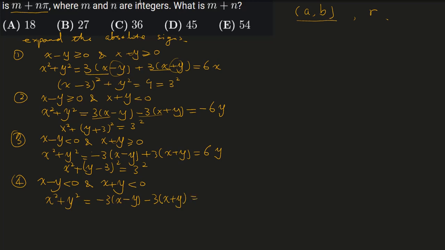And this equals negative 6 times x. And the whole equation can be rewritten as x plus 3 squared plus y squared equals 3 squared. Alright, so now we are done with the handling of the absolute values.